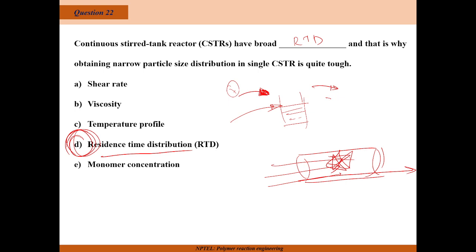That is the broad residence time distribution, RTD. Basically it refers to variation in the time particles spend inside the reactor. As the time varies, the particle size distribution range will also vary.